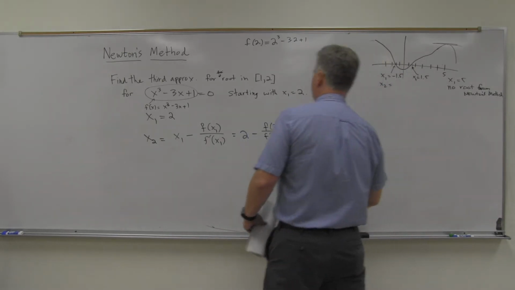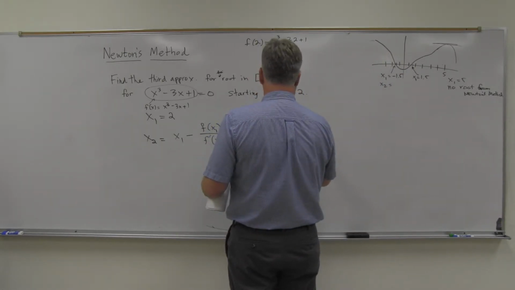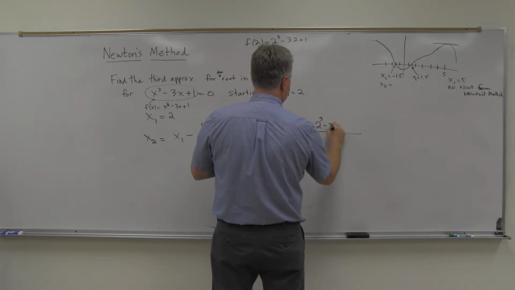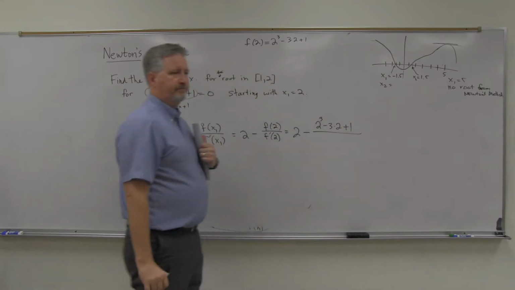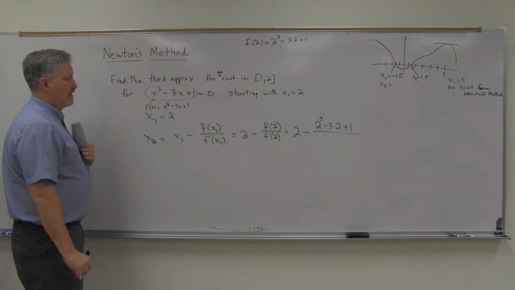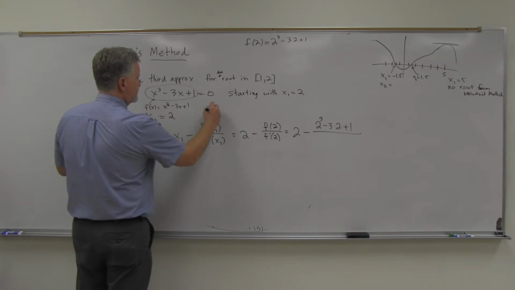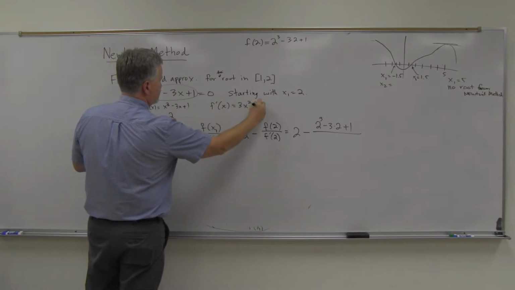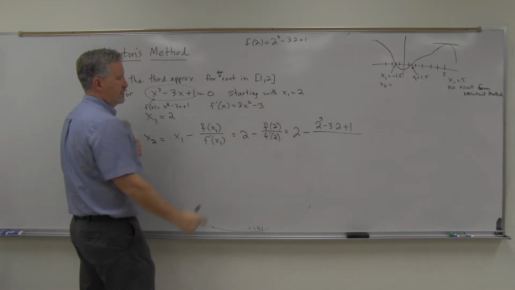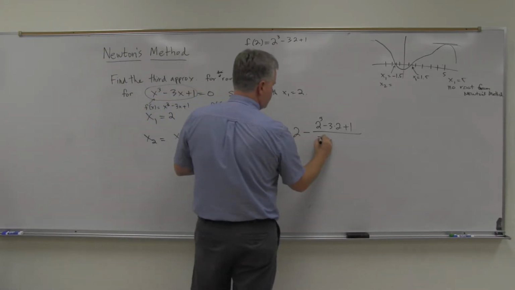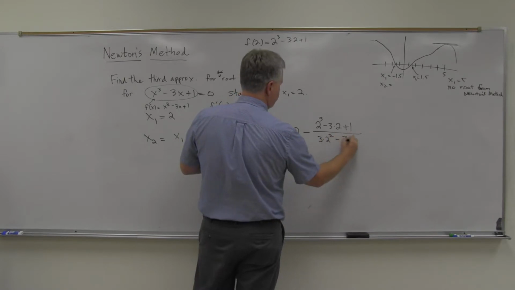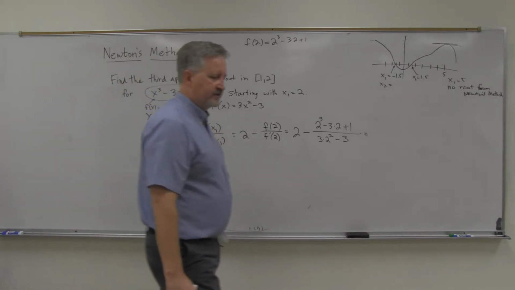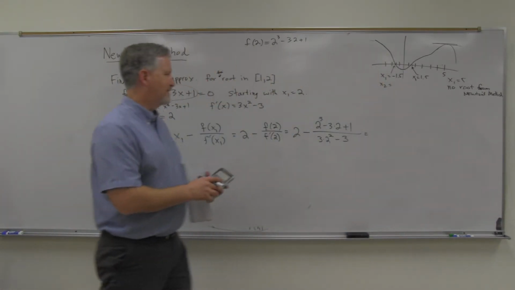I want to divide that by f prime. f prime is just the derivative, so it'd be 3x squared minus 3. So f prime of 2 would be 3 times 2 squared minus 3. We're going to do these by hand and then show you a quicker way of doing it.